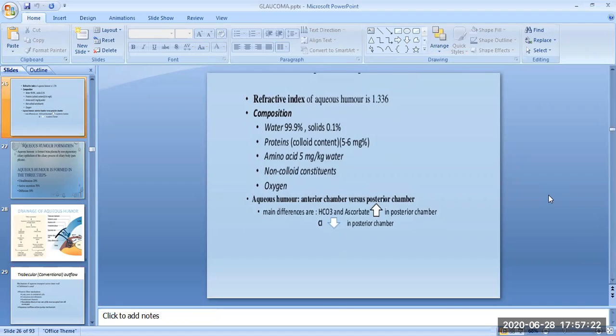And also apart from that, the ascorbate concentration of posterior aqueous is slightly higher than that of the anterior chamber aqueous.